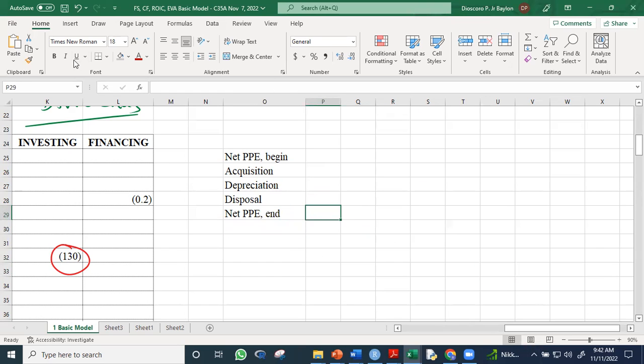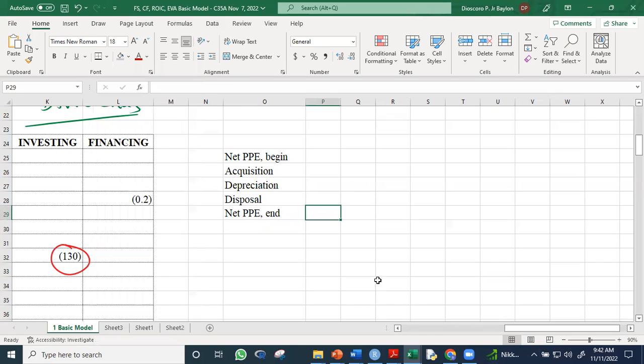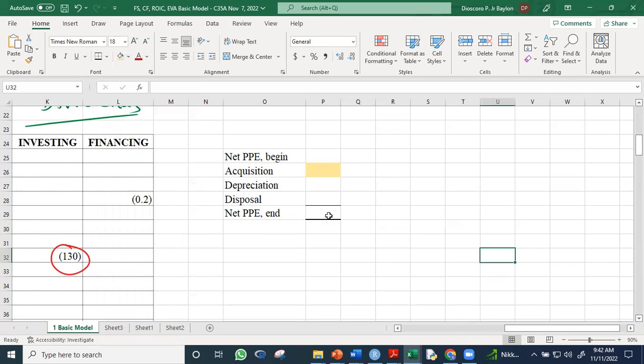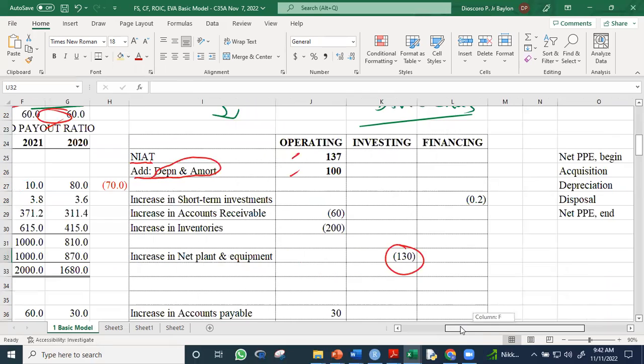This is what we need to compute: how much was really acquired? How much was invested in property, plant, and equipment? Let's take a look at our data.